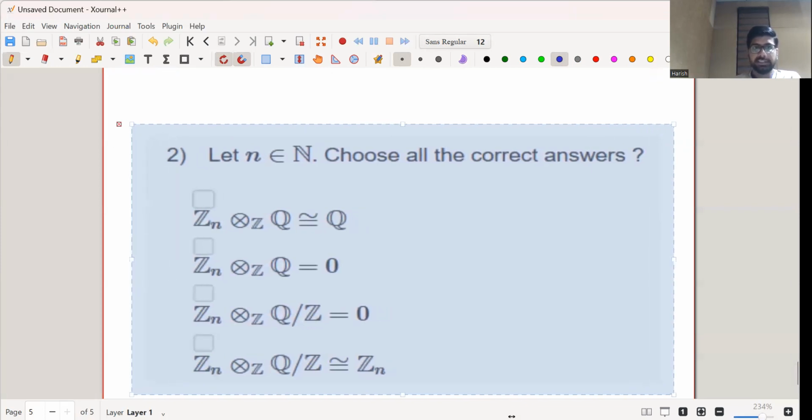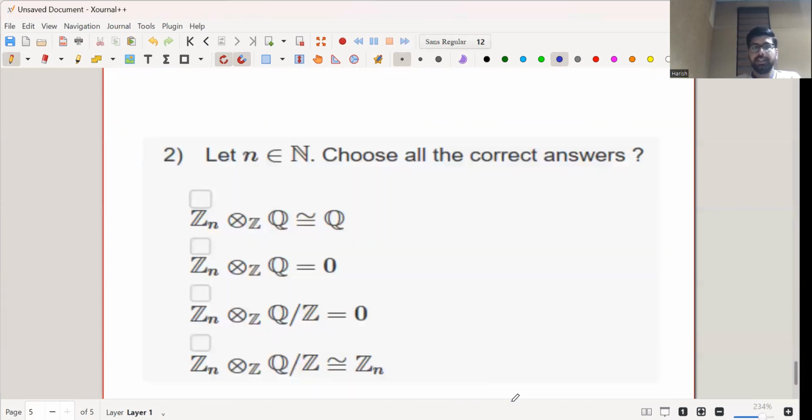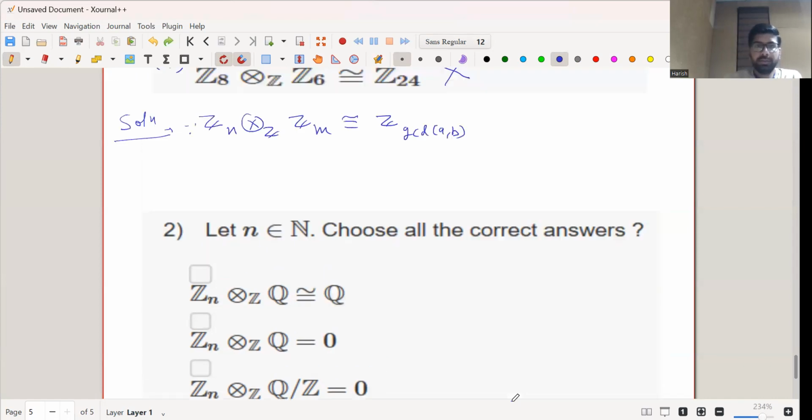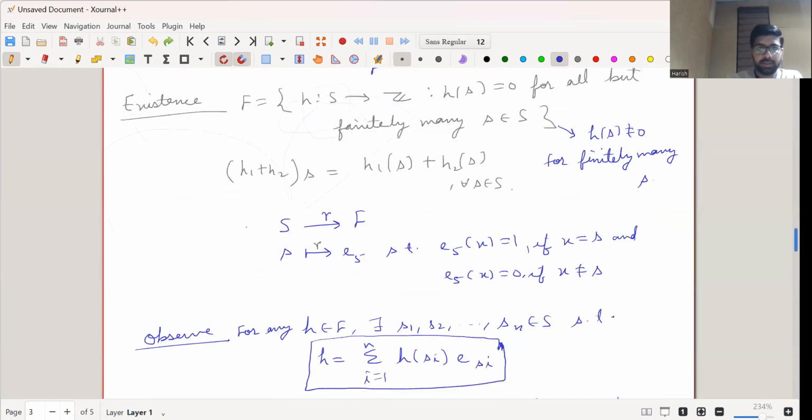First is Zn tensor with Q is isomorphic to Q. Second, Zn tensor with Q is equal to 0. Third, Zn tensor with Q modulo Z is equal to 0. And fourth, Zn tensor with Z is equal to Zn tensor with Q modulo Z is Zn. Before going to that, I will try to explain one more thing.